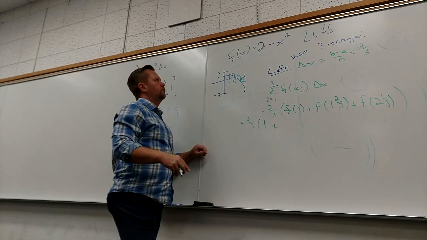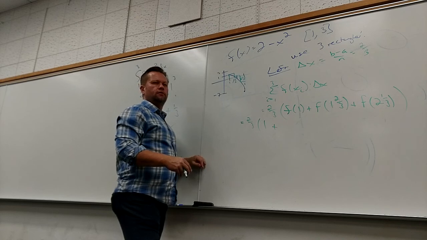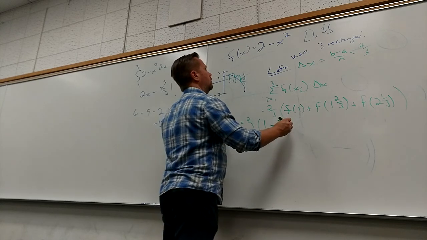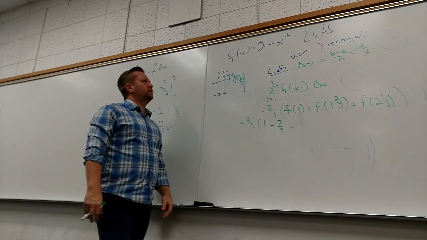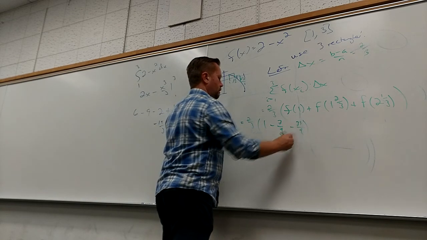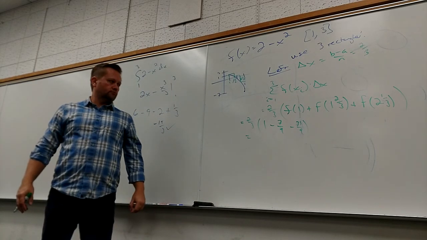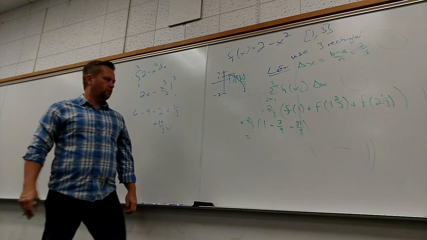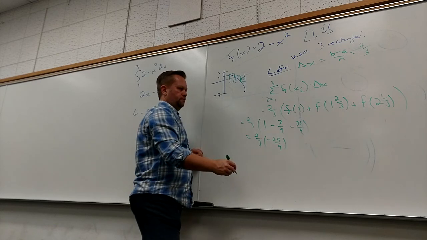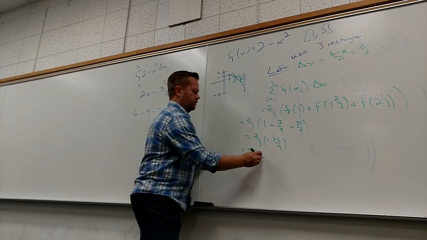Let's see. Thirds, 2 minus 25/9, or 7/9, I think. Oh, I didn't do this. 7/3, 49/9, negative 31/9, I think. 2/3 times negative 29/9 is negative 58/27, whatever that is.